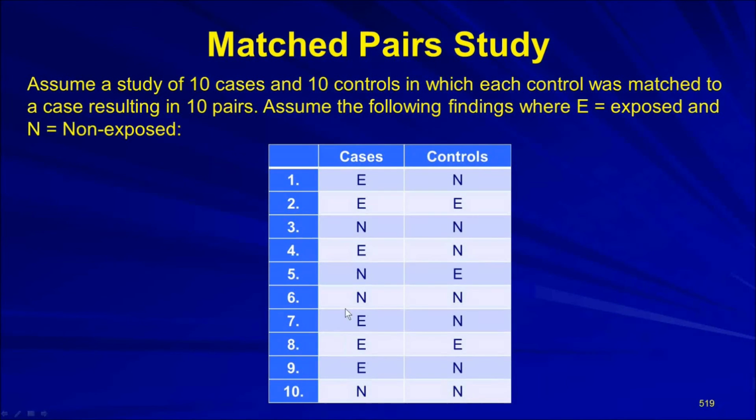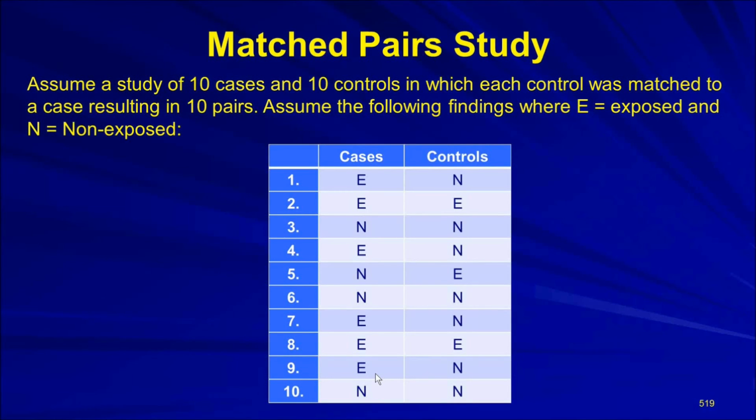Okay, so let's count discordant pairs. Those are the ones we're after. So we got 1, right? We got 2, we have 3, and we have 4. Okay, so for cell B, we're going to have a 4.